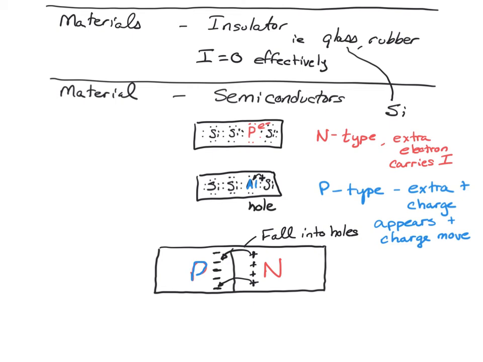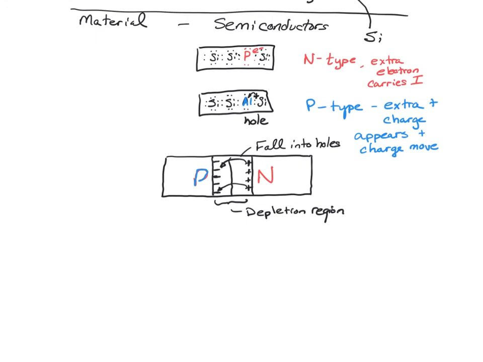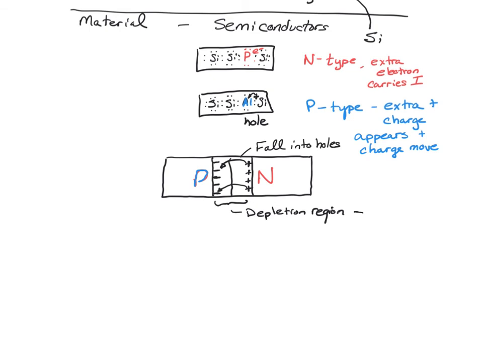So they were happy until you put those two things together, and then all of a sudden they built up a bunch of positive and negative charge on each other. And this region right here is known as a depletion region. So what does the depletion region mean? It means no charge carriers.